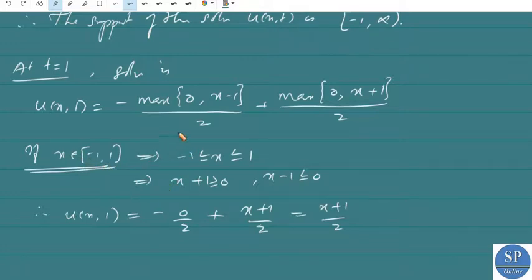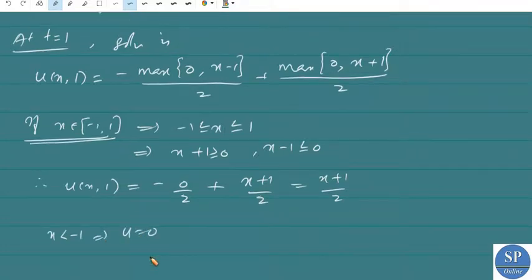We already know that the support of u is minus 1 to infinity. So if x is less than minus 1, then u equals 0. Since the support of u is minus 1 to infinity, or we can get this from the formula: if x is less than minus 1, then x plus 1 is less than 0. Therefore x minus 1 is also less than 0.